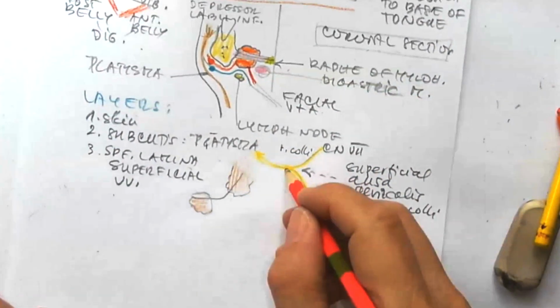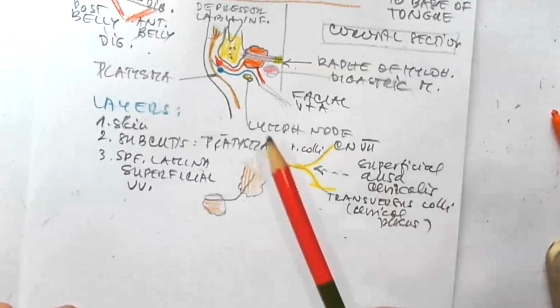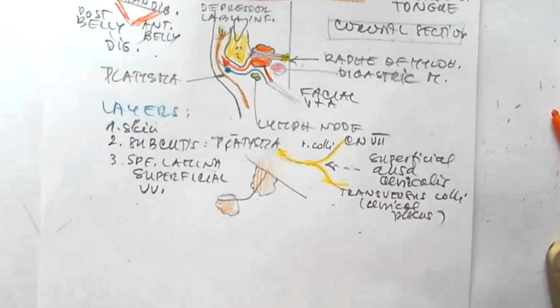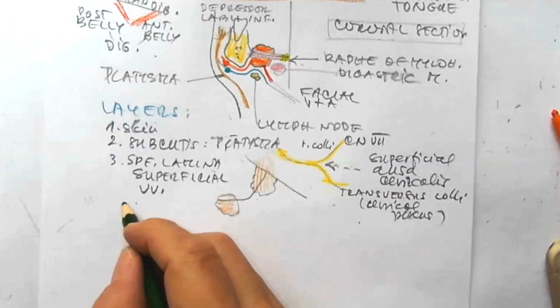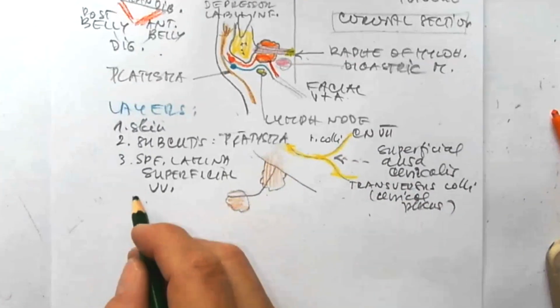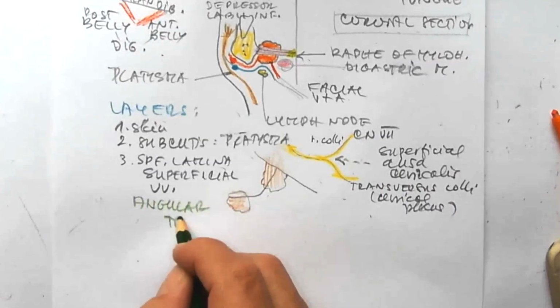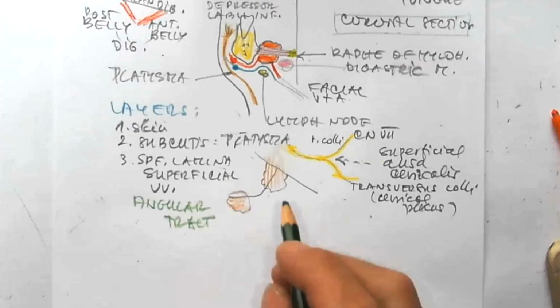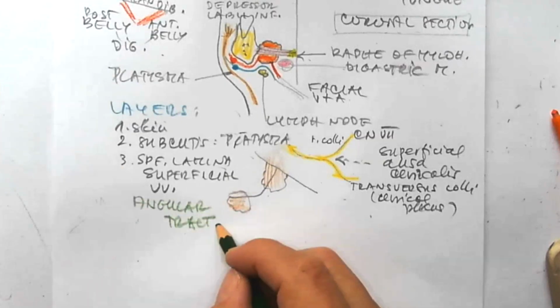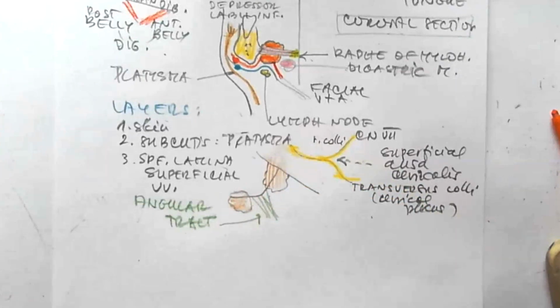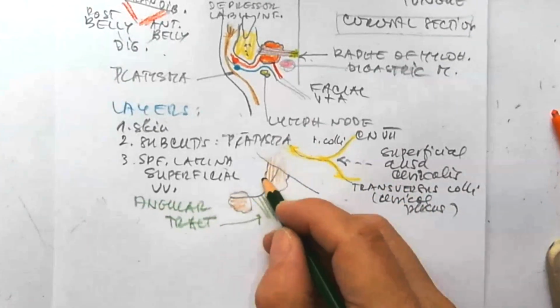This would be absolutely sufficient, cutting it. So I'm now thinking about the tract. We call it the angular tract, tractus angularis, which lies at the same level or layer.